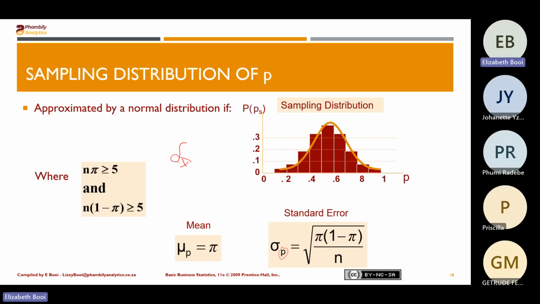Sometimes they might not give you the population proportion, but you can still calculate the standard error using your sample proportion. Later on, when we look at confidence intervals, we are still going to use this, but the equation changes from the population proportion to the sample proportion. But that is the standard error, or what we call the standard deviation of the sampling distribution of the proportion.